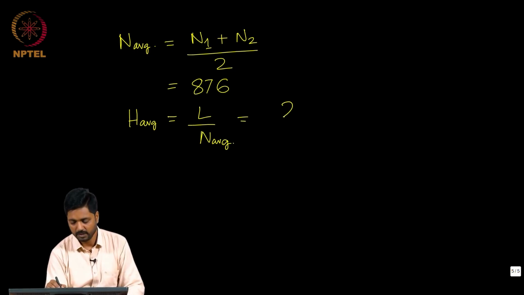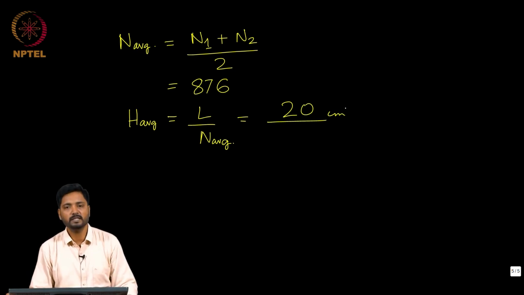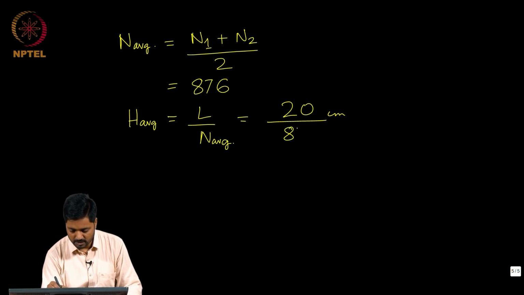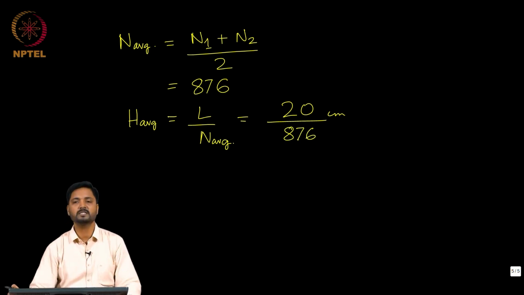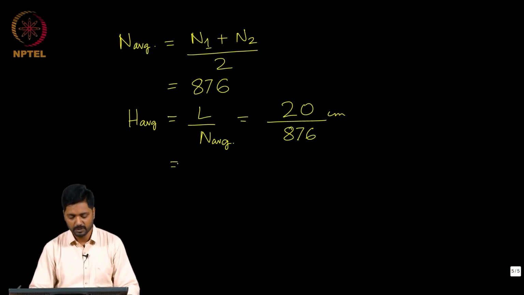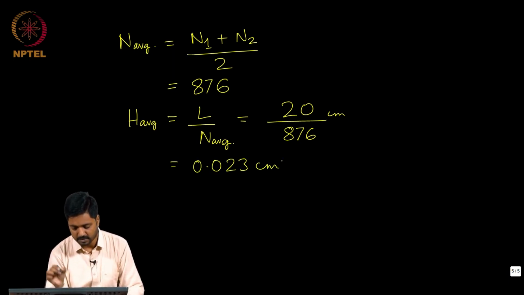And we insert in the numbers: 20 centimeters was the length of the column that we used here, and N average is coming as 876. So, this gives us the average height of the theoretical plate as 0.023 centimeters.